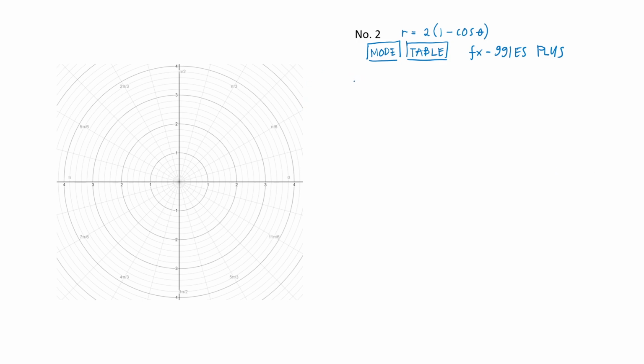Again, for mode, you have to input the equation in your calculator. On your screen, 2 times 1 minus cosine. The default for cosine in your calculator uses alpha x.